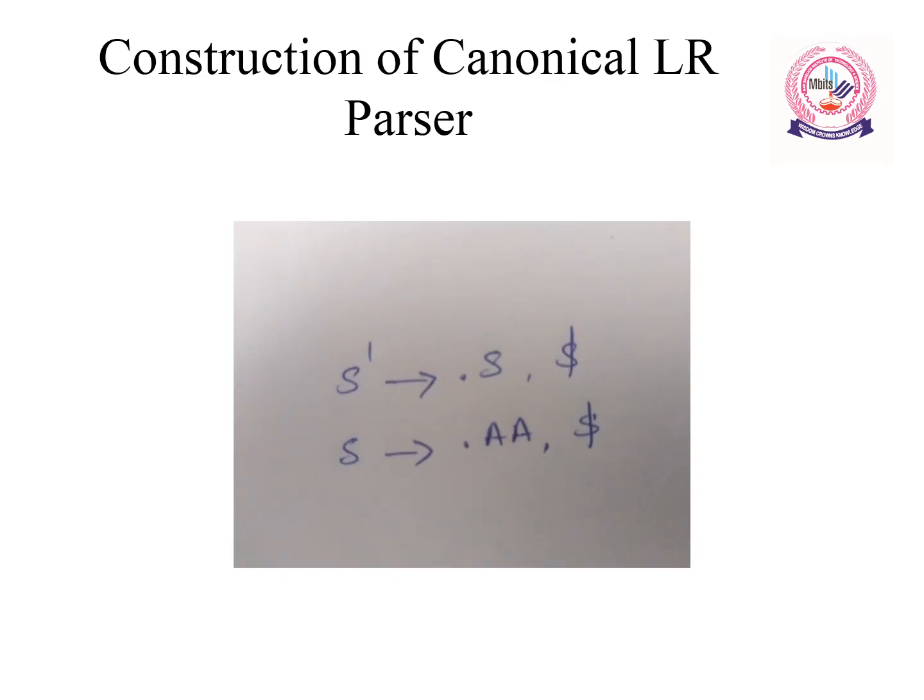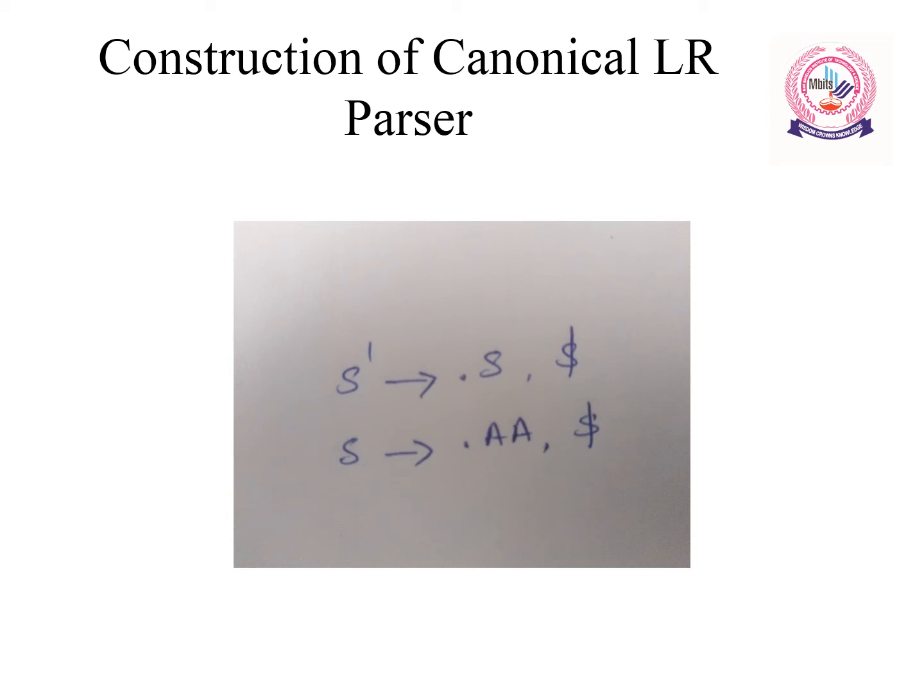So this is the grammar. S dash gives dot S is the augmented production, and by default we put dollar as the lookahead. Because of this dollar, dot S, we have to write S as dot AA according to the closure property. And how does this dollar come? This is the lookahead.